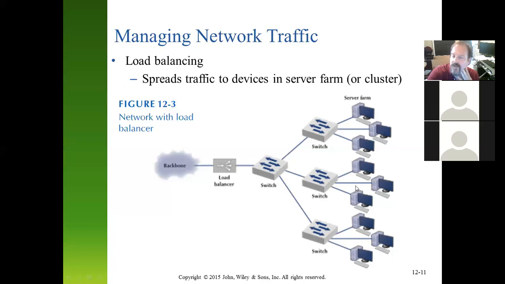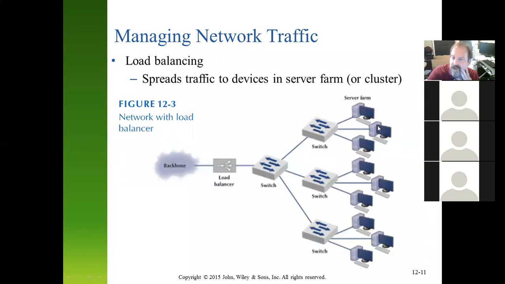Now, in order for this to really work, all these servers need to have either exact copies of all the same data, or what you'll find most of the time, guys, is that these servers running the web pages and the FTP sites and the email services are actually all talking to the same network attached storage, which might look like one of these servers, but it just has a bunch of hard drives in it.